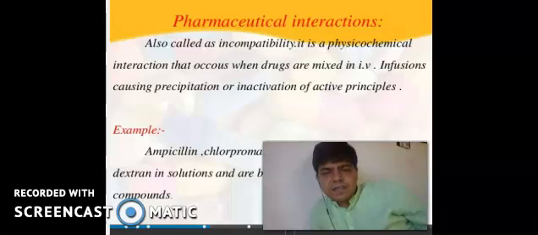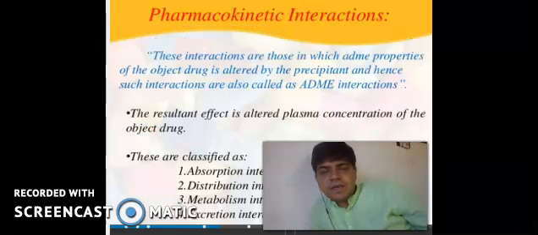Examples: a popular example is ampicillin, then chlorpromazine and barbiturates interact with dextran in solutions and are broken down to form chemical compounds. Then pharmacokinetic interactions are ADME interactions: absorption, distribution, metabolism, and excretion interactions.